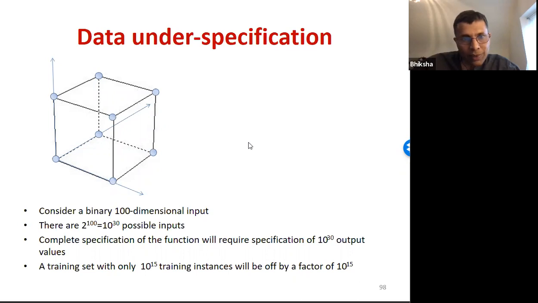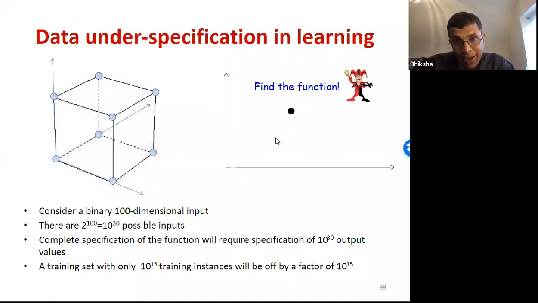Or to give you an even more dramatic illustration, if I were to logarithmically scale this back and find out the number of training instances per dimension, remember this is a 100-dimensional input, if I gave you 1 trillion training instances for this tiny problem, and nobody ever gives you 1 trillion training instances, and problems are never this tiny, you're going to get something like 1.000001 training instances per dimension.